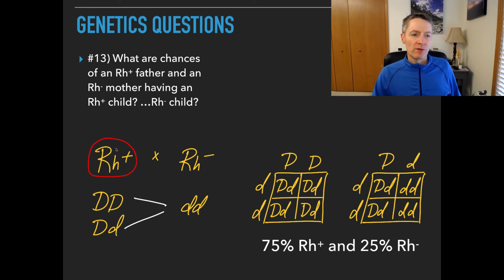If I told you that this person had a parent who had negative blood, you know that automatically there's a little d in the picture. And then we'd get rid of this one altogether, wouldn't we? And then I'd have to say it's 50-50. So it all really depends on what information you have.